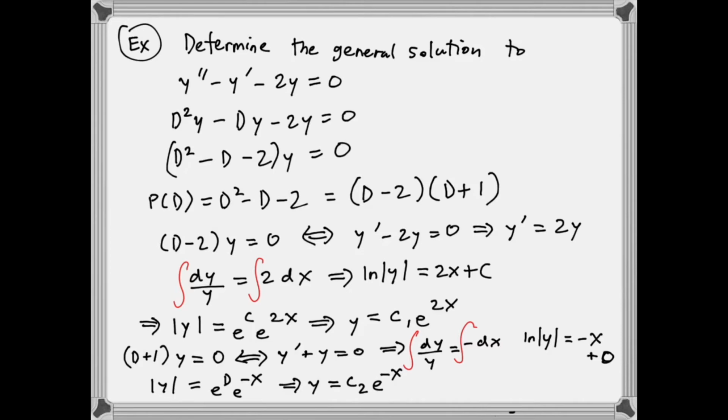Well, think about it. I had a D - 2 here, and I ended up with e^(2x). I had a D + 1 here, and I ended up with e^(-x). Do we notice something? We're going to write down our pattern after this problem is finished. Let's go ahead and write the general solution though. Because these are both solutions, you can check using the Wronskian that they are indeed linearly independent.